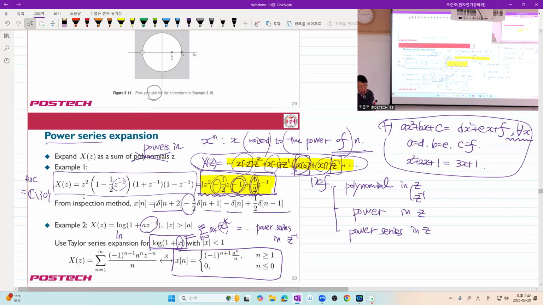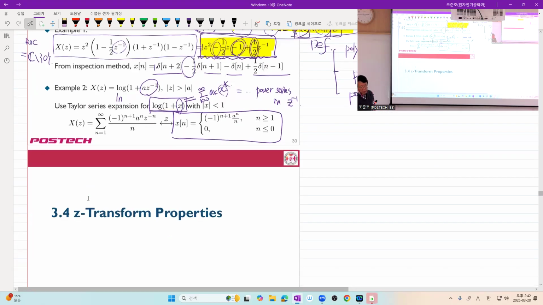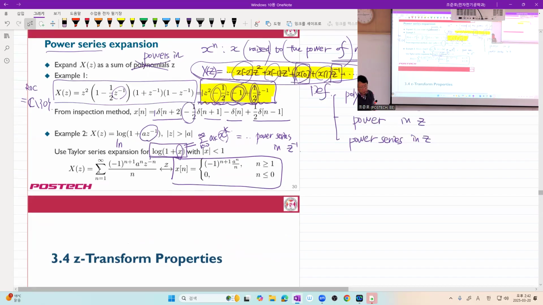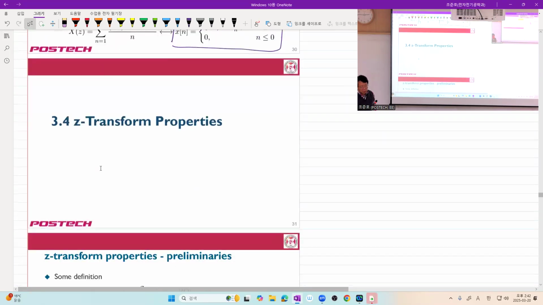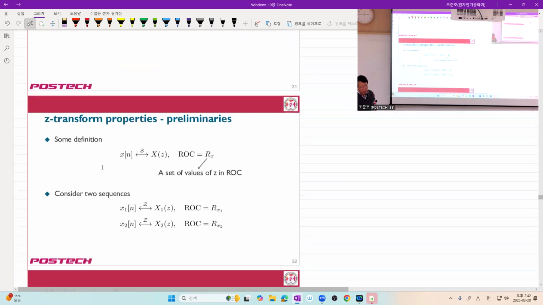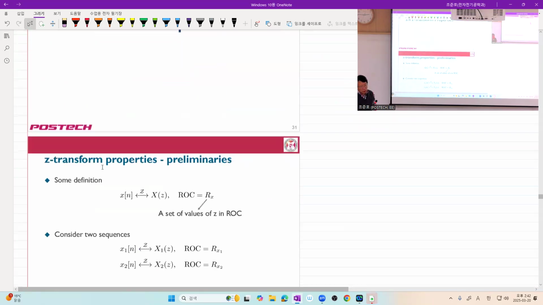There are many ways to find the series expansion, and we will see later. Anyway, here goes the Z transform properties.